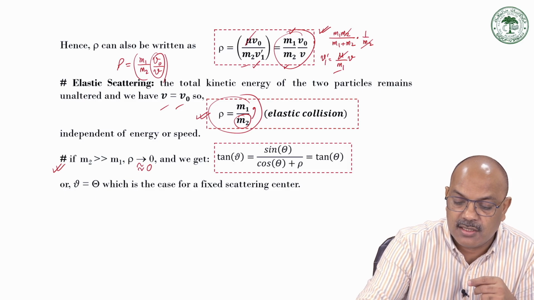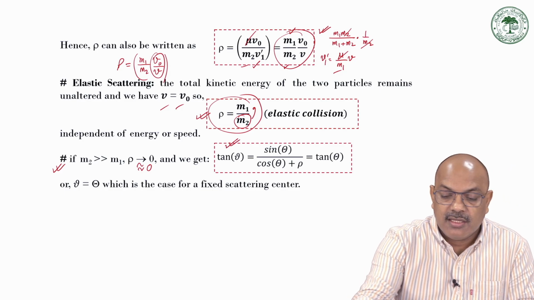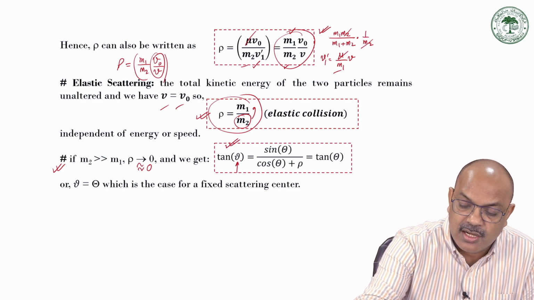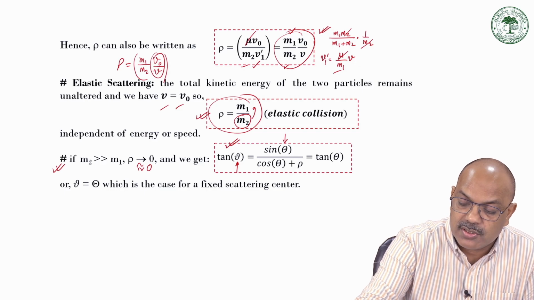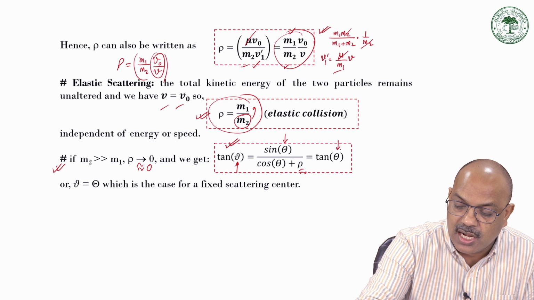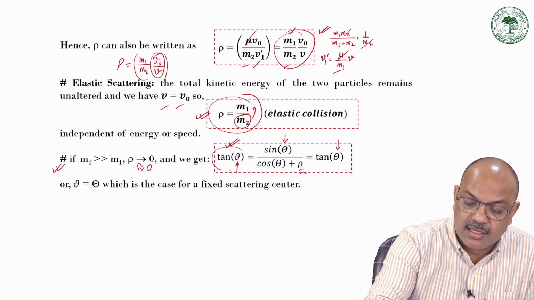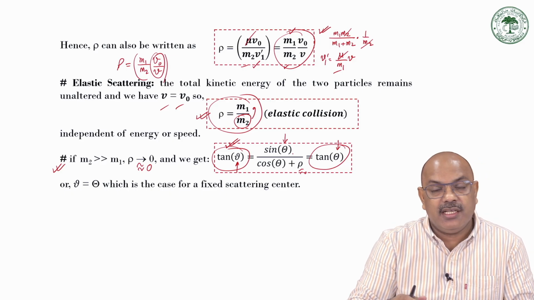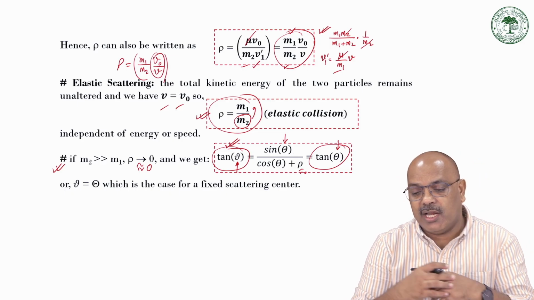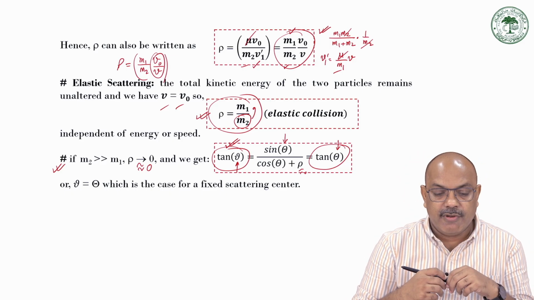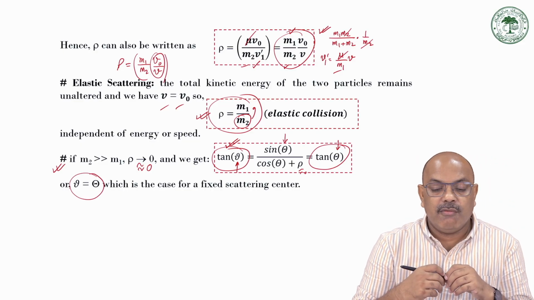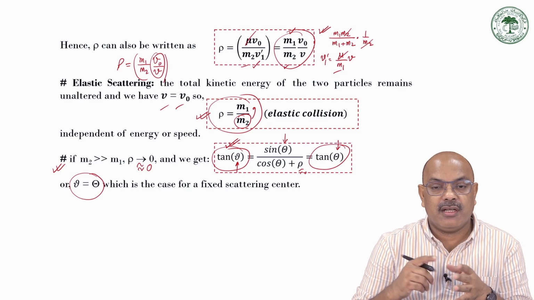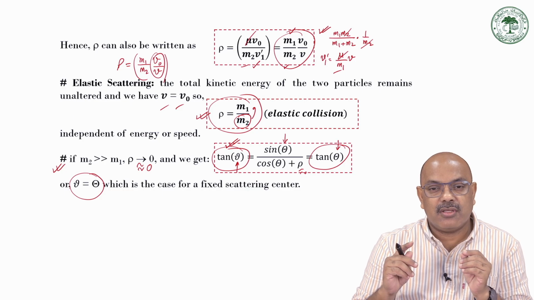So the relation tan theta, which relates the scattering angle in the lab to the scattering angle in the center of mass, becomes, because rho is 0, tan theta lab equal to tan theta in the center of mass frame of reference. That means the two scattering angles in the different frames are going to be equal, which is the case for a fixed scattering center.